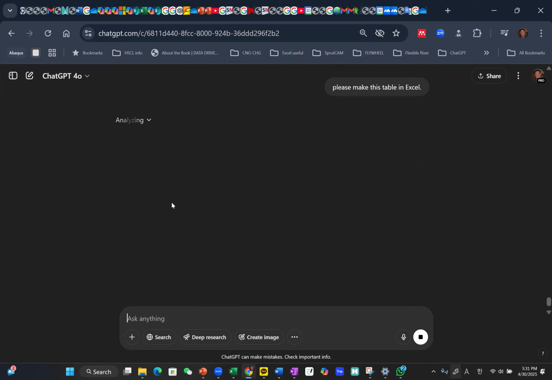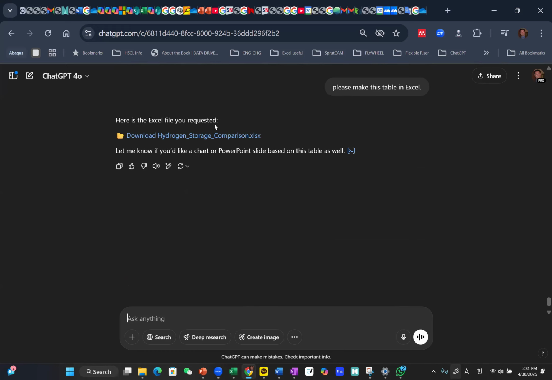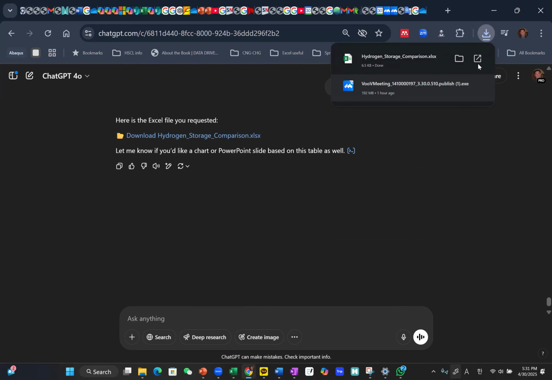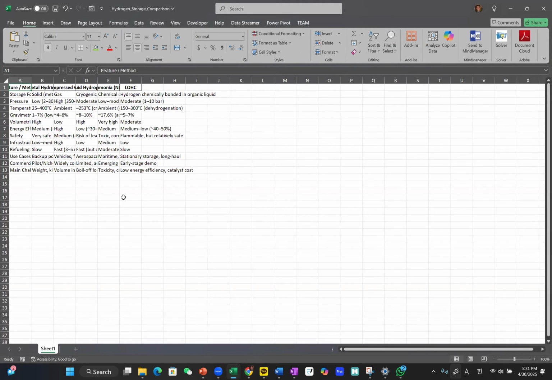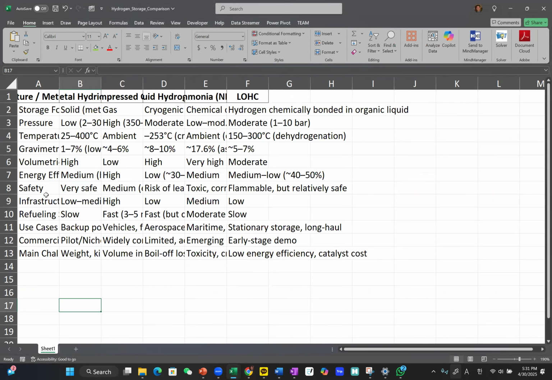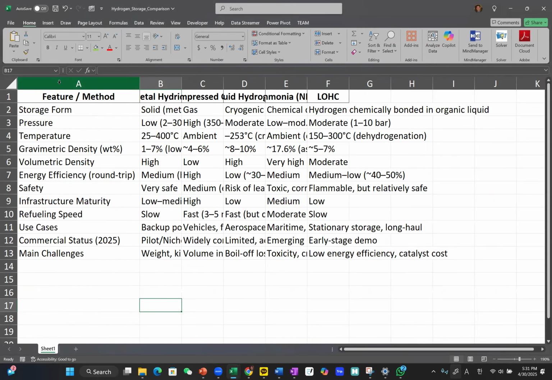Now, as a conclusion of all this studying of hydrogen storage methodology, we would like to compare them. Each one has pros and cons and so on. So to better understand, we can have this kind of table. Storage form.